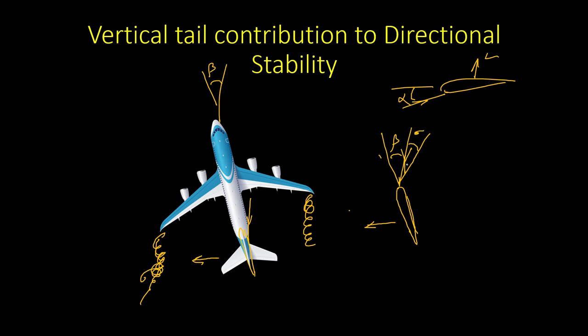The total angle of attack which the vertical tail will see will be beta plus sigma. Due to this side wash, the side force will increase further, and so this will contribute more to the directional stability of the airplane. Hence we can conclude that the vertical tail contributes positively to the directional stability of the airplane.